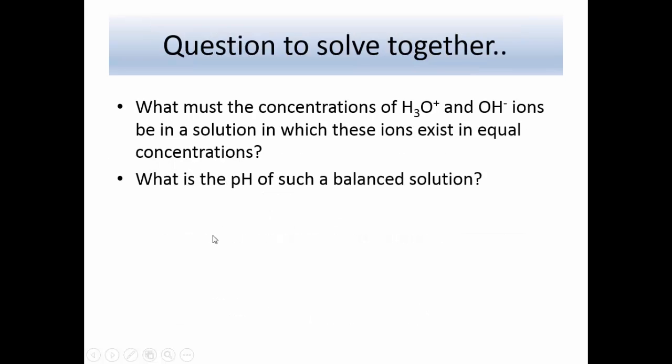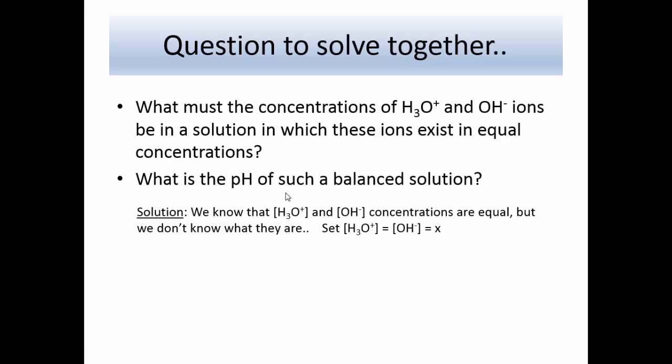So let's do a little bit of math together with this equilibrium relationship. Let's ask ourselves, what would be the concentrations of hydronium and hydroxide ions in a solution if those concentrations were equal? And now that we can use pH to talk about the hydronium ion concentration, what's the pH of that?